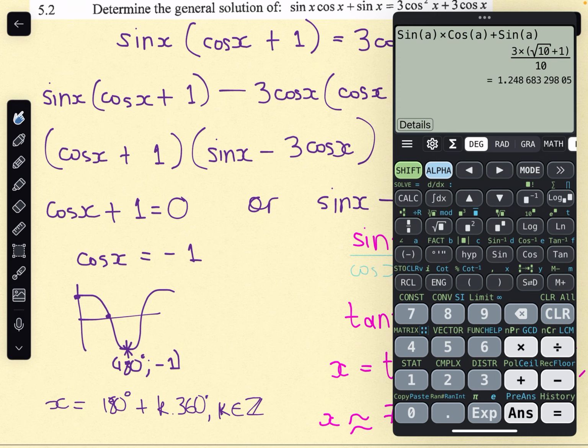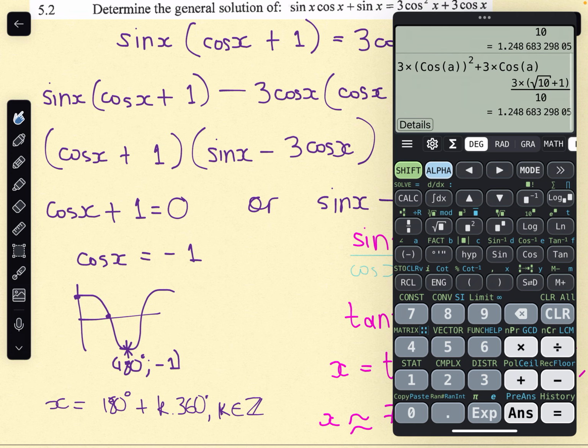So 3 cos squared x is just the same as 3 of cos x squared. So that will be 3 times the square of cos plus 3 times cos of A. And let's see what we get there. So we see that on both sides of the equation, we're ending up with the same value.